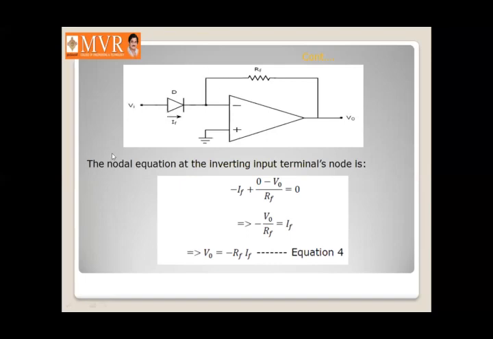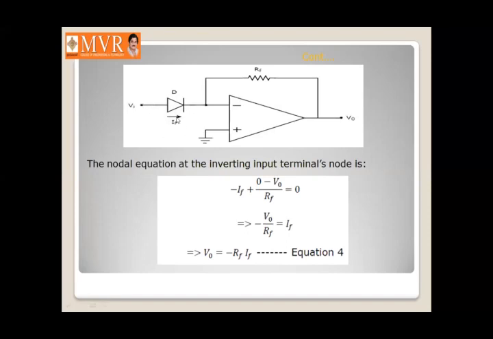To see the output of this circuit, we write the nodal equation. Due to the virtual ground concept, if the non-inverting terminal is grounded, then the inverting terminal is also at ground. So the voltage at this node is zero volts, and we can write 0 minus Vi divided by the resistance in this path.